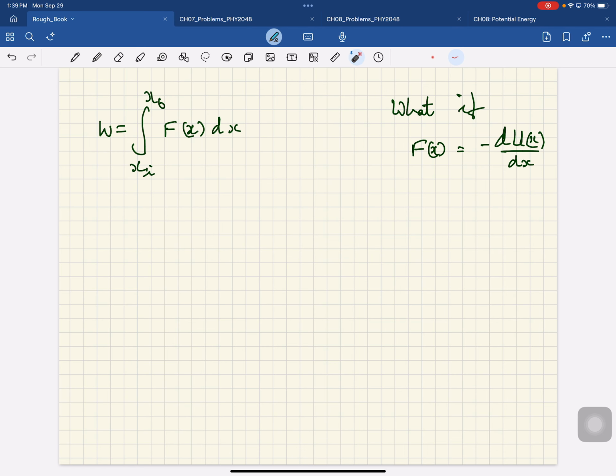Now we ask, what if this force is given in that form? What if the force is like that? Okay, so let's calculate the work done. It's the integral from x initial to x final of minus dU(x)/dx.